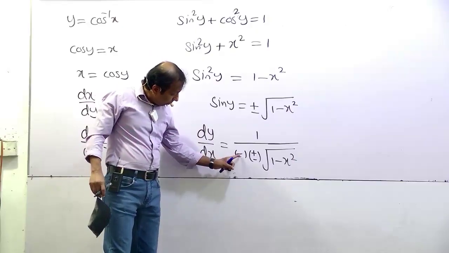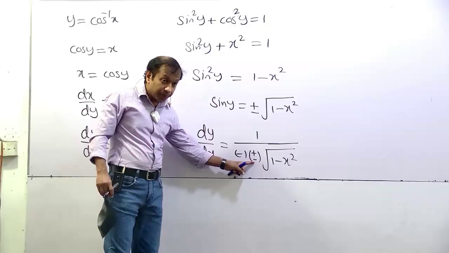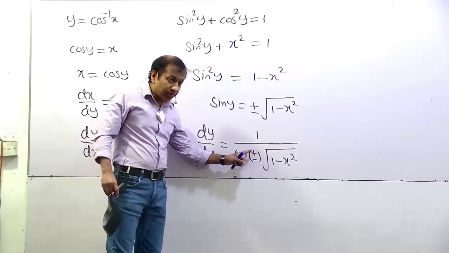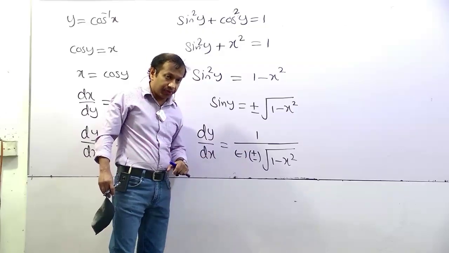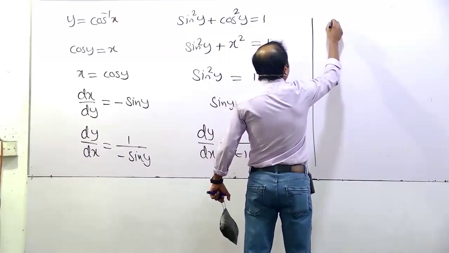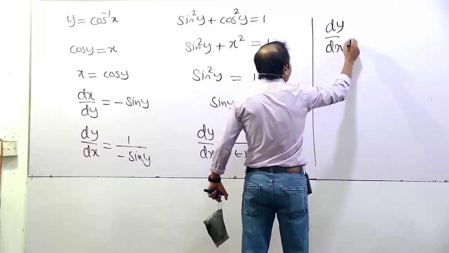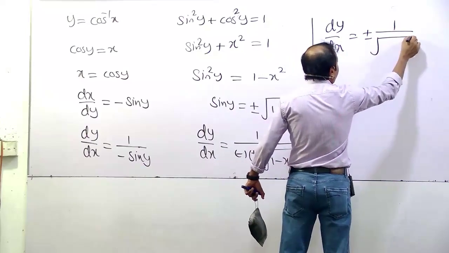Now, by this minus sign, we must multiply both the plus and minus. Minus and plus make minus, minus and minus make plus. Then this will be minus and plus, no? Minus and plus means again plus and minus. Then we get dy over dx is equal to plus or minus 1 over square root of 1 minus x squared.